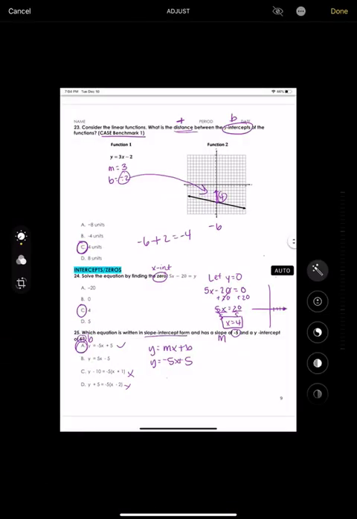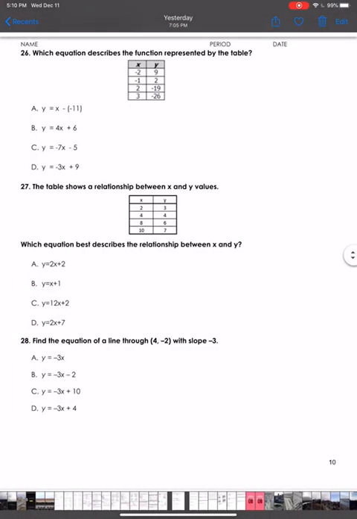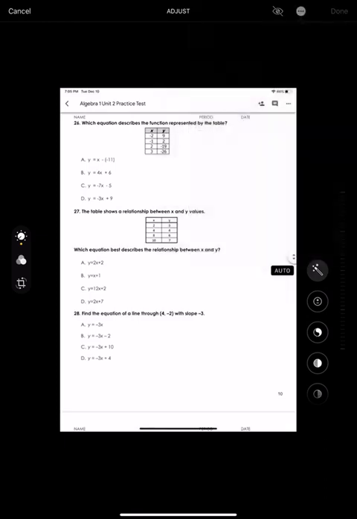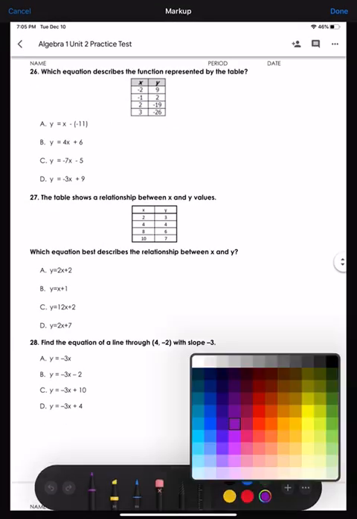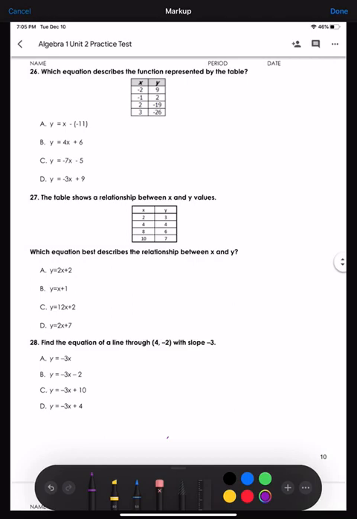All right, next page. Okay, it says, which equation describes the function represented by the table? So if we're given a table of values, just remember a table is a set of multiple points. So I actually have 4 points here.